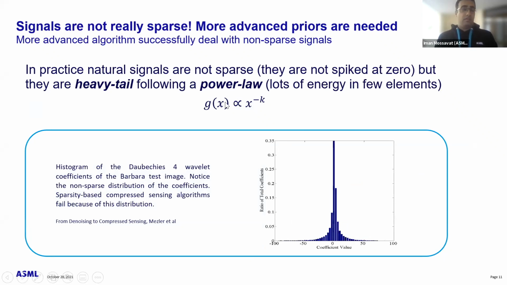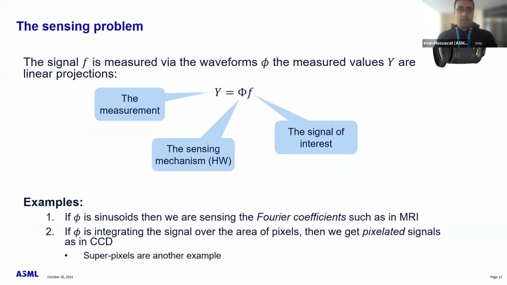They occur most of the time in nature. They are very, very common. And because of this reason, you will see that the sparse assumption is not that successful. And this is where data science comes into play. Modern techniques have been used to come up with very interesting priors. And I'm going to talk about that at the end of the talk.